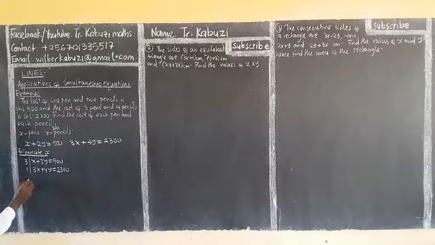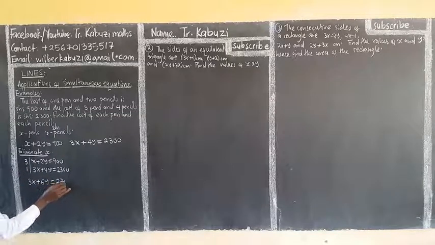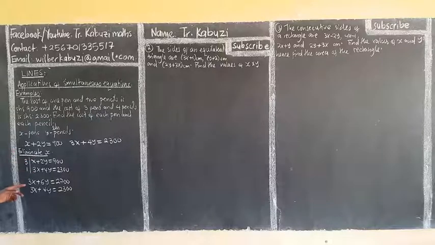So now, I get 3x plus 6y equaling 2,700. Then 1 times this, 3x plus 4y equaling 2,300. We said before you eliminate x, the coefficient should be the same, and if the signs are the same, positive, we subtract.